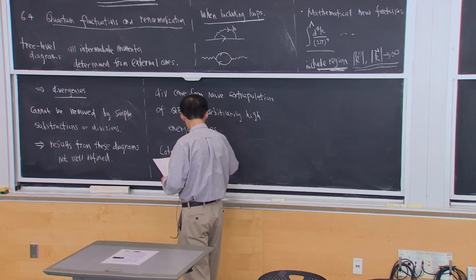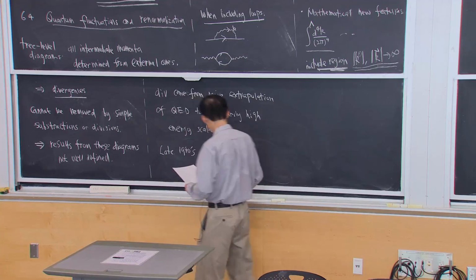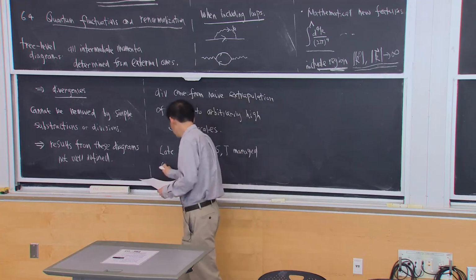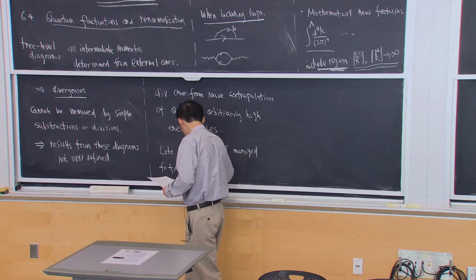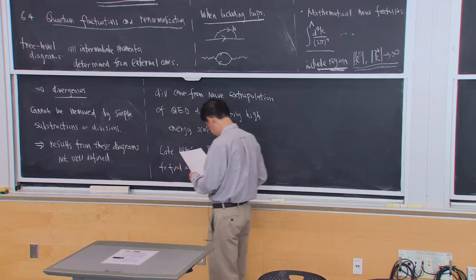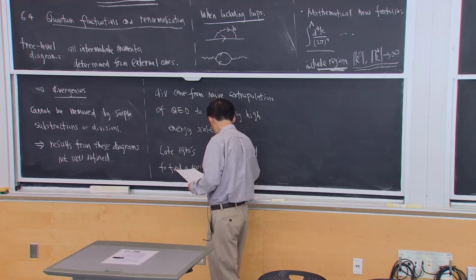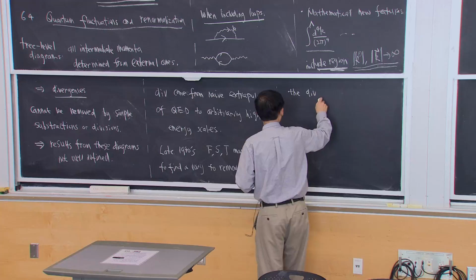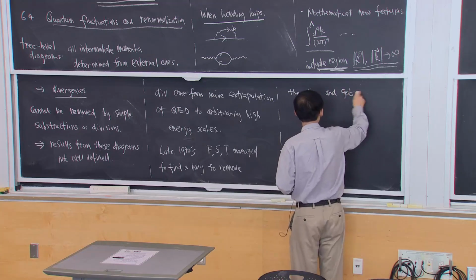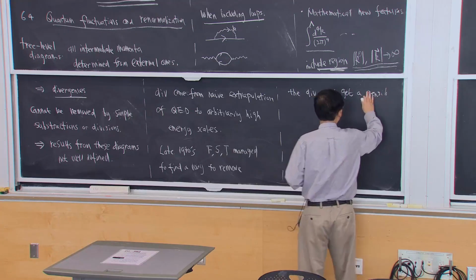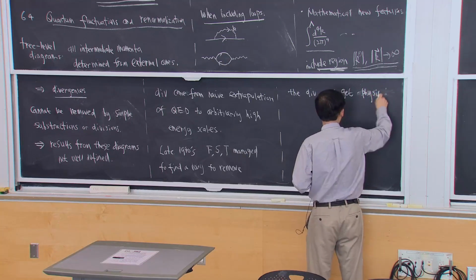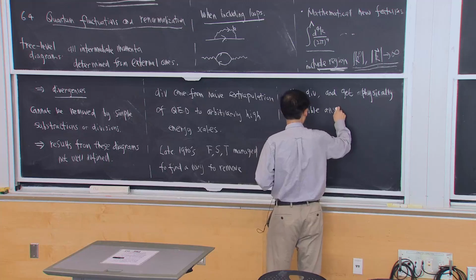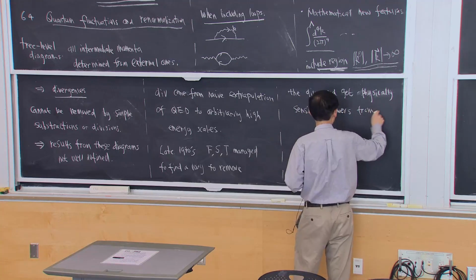Feynman, Schwinger, and Tomonaga managed to find a way to remove the divergences and get a physically sensible answer from such diagrams.